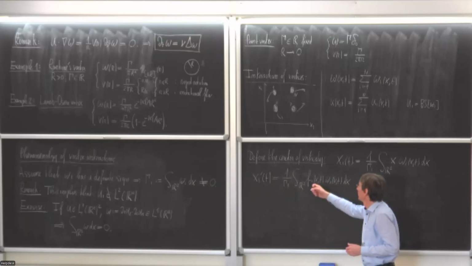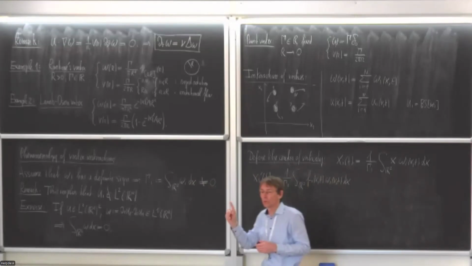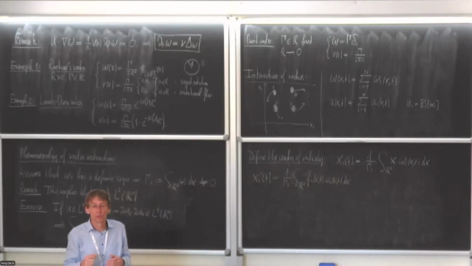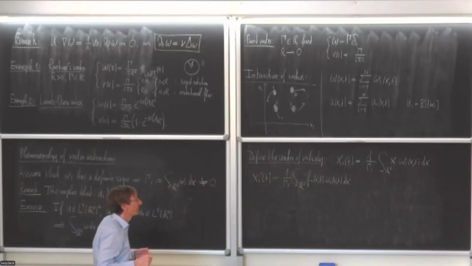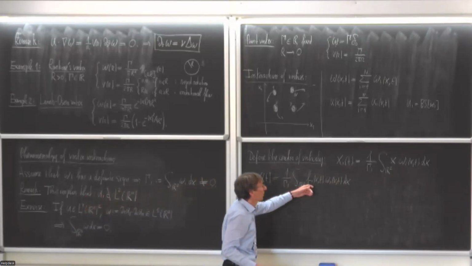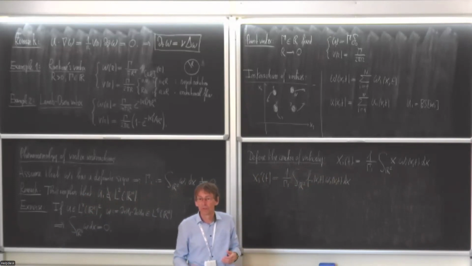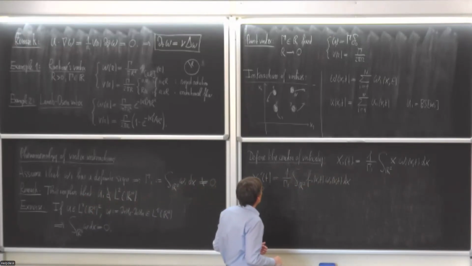The self-interaction does not contribute to the motion of the center of vorticity. It's only the exterior one. In particular, if you don't have any external field, this is 0, and the center of vorticity is conserved. That's a very nice formula.